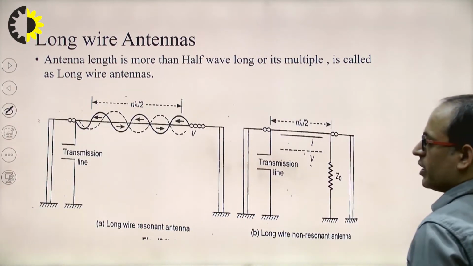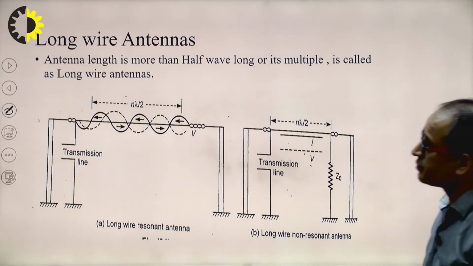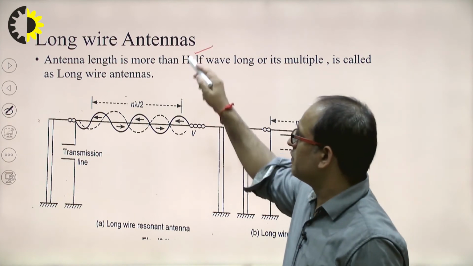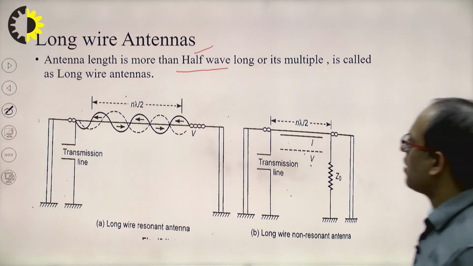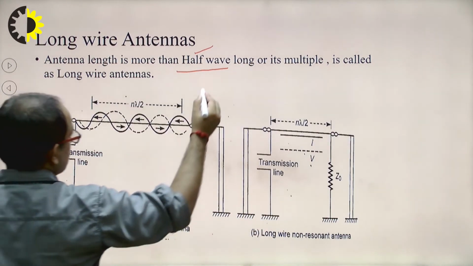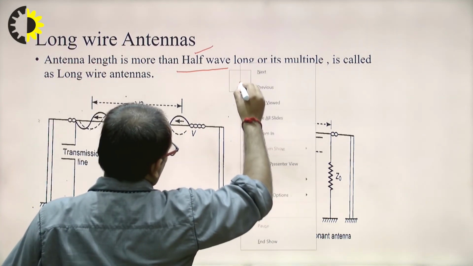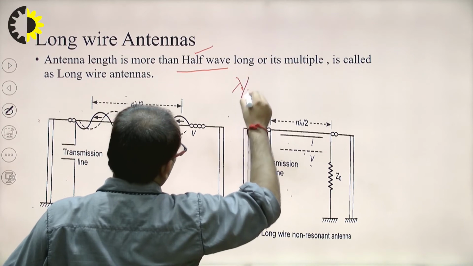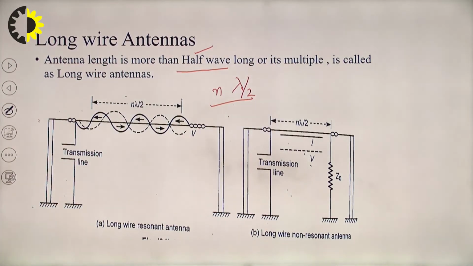What are the long wire antennas? Long wire antennas are antennas having a length more than the half wave length, meaning the length of the antenna is greater than lambda by 2, or n times lambda by 2.